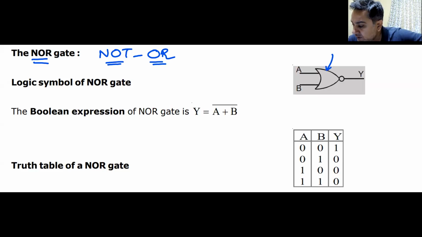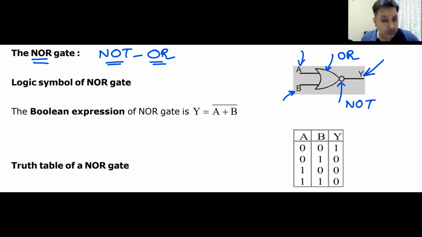This is your OR gate. This symbol is the NOT gate. So you combine and you get the NOR gate. Clear? It has 2 inputs, A and B, and only one output, Y. What does the Boolean expression look like?